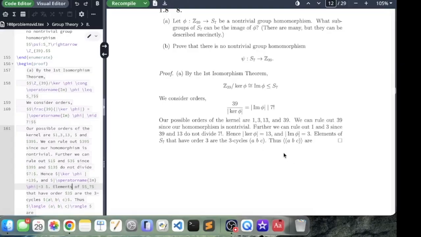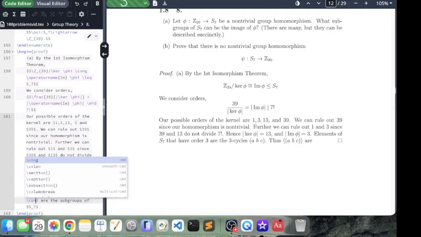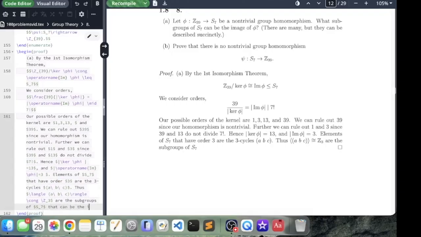Thus, the cyclic groups generated by these elements are the subgroups of S7. And we could also say that this is isomorphic to Z3. So that can be the image of phi.